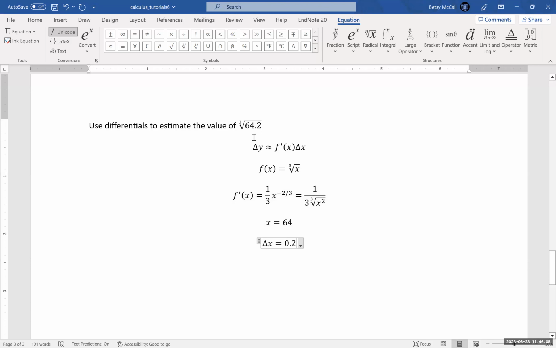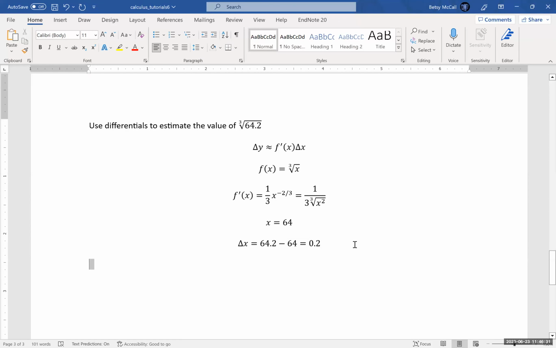Essentially, it's the difference between the value we're estimating and the value that we're doing the estimation at. So value you're estimating minus the value you're doing the approximation at, and that gives us a positive 0.2.